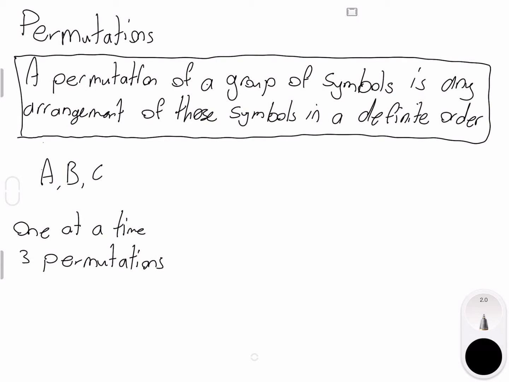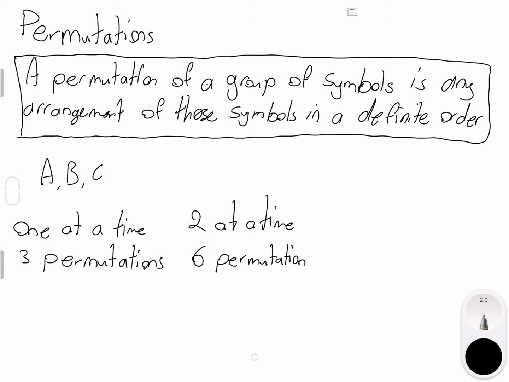What if I was to pick out two at a time? Well, I would have AB, AC, BA, BC, CA, CB. You could go through and count it up like that and work it out, and you'd find that we would have 6. So if we go two at a time, we'll have 6 permutations.